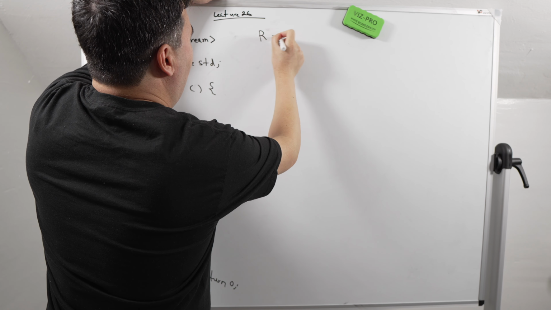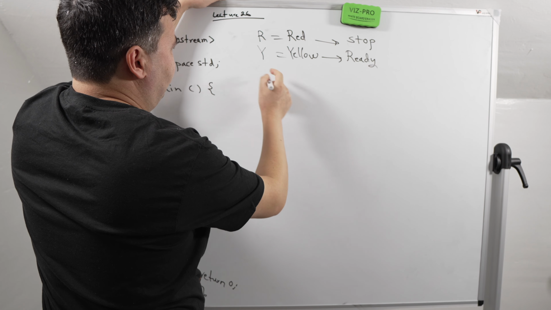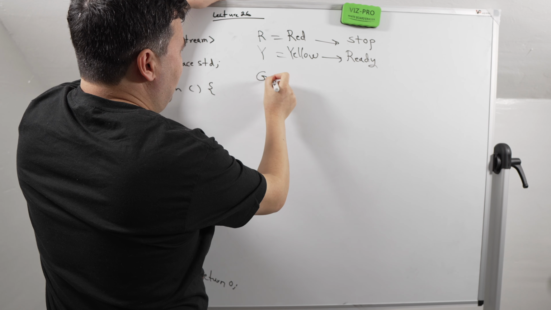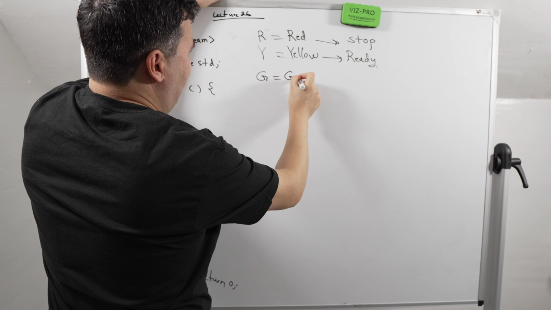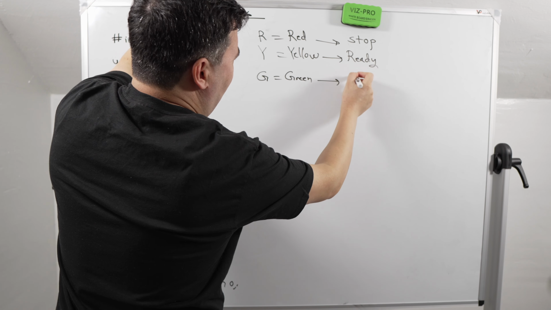Yellow means it's ready, so our program should print out ready. And if the user enters G, G means green. If the traffic light is green, the vehicle should go. So this is the logic of the program.